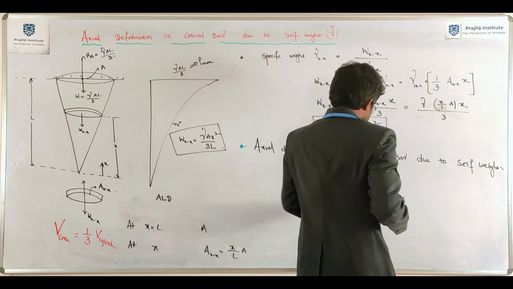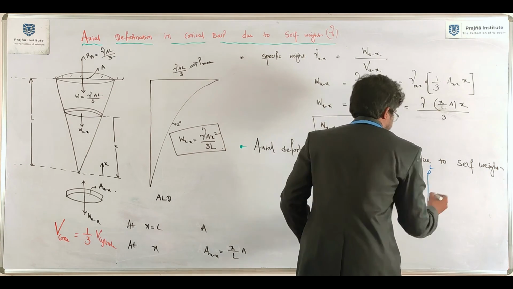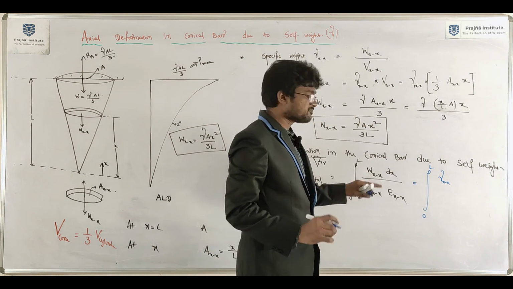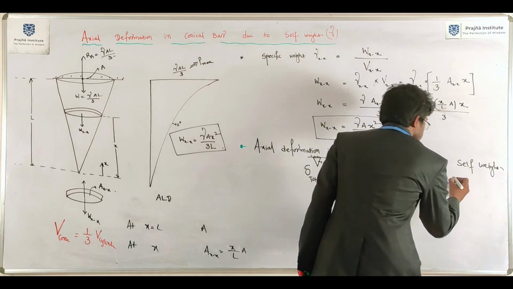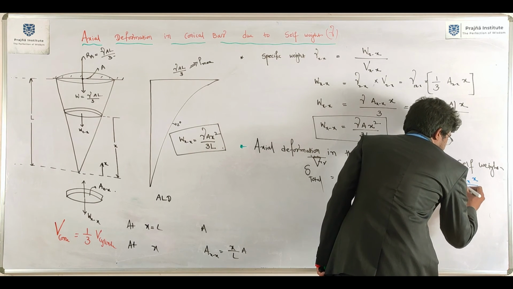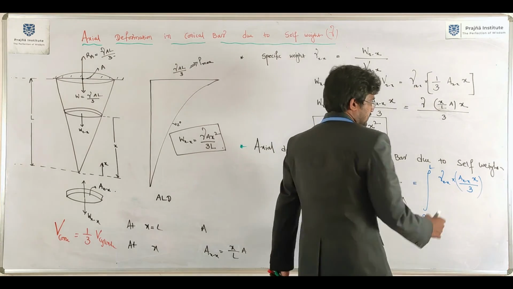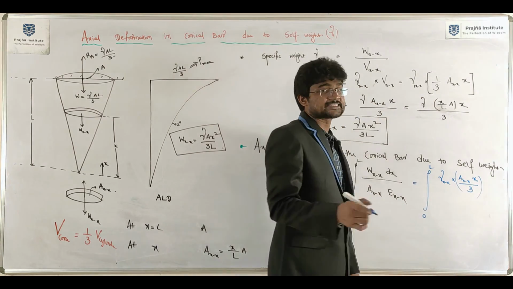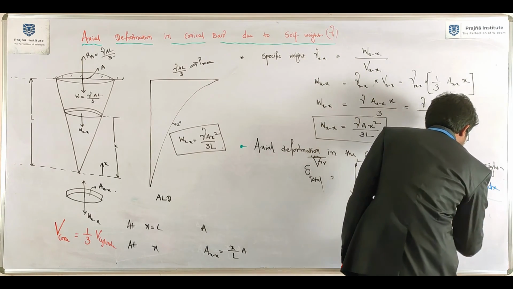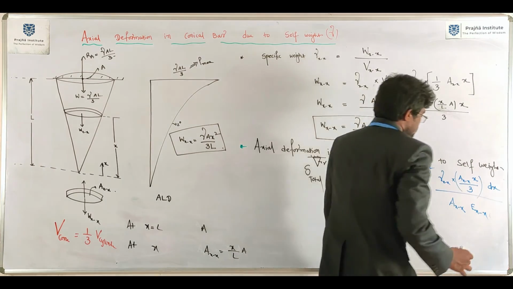Now, from 0 to L, gamma, the specific weight, into volume, A_x into x by 3, next into dx by A_x E_x. This is the volume.